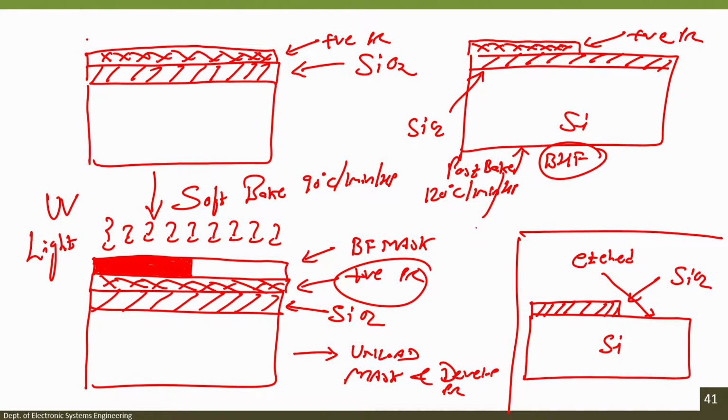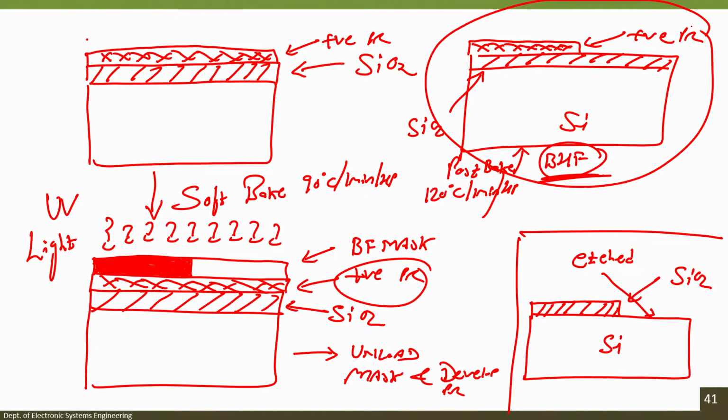So, if you repeat, it is positive photoresist spin coating, soft bake at 90° for 1 minute on a hot plate, load the mask, expose the wafer, unload the mask, develop the photoresist, then post bake at 120° for 1 minute on a hot plate, then you dip this wafer in BHF. BHF will etch silicon dioxide from the area which is not protected by the photoresist, right. So, if I draw it after this particular work, right.